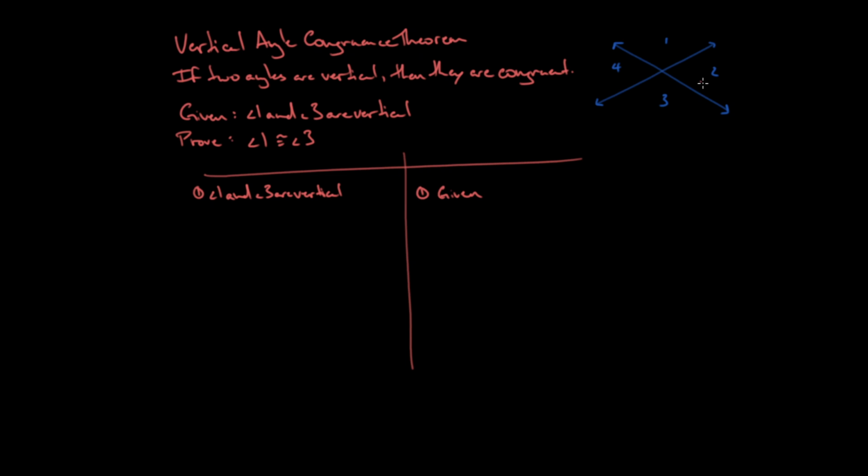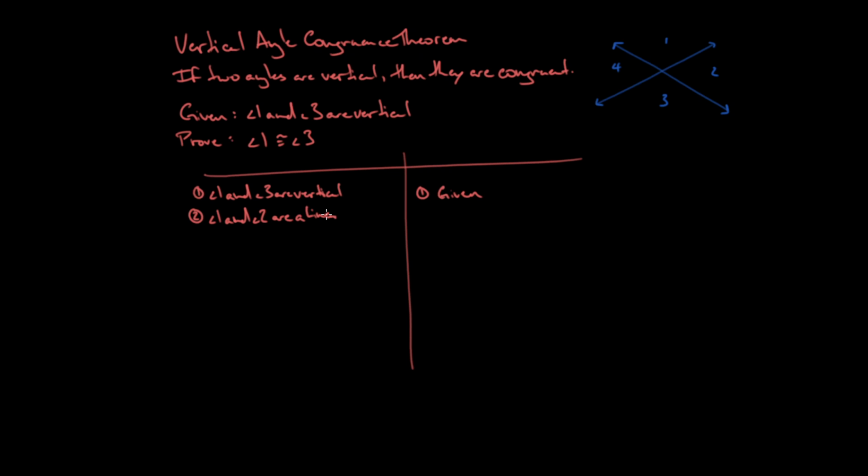So how do I know that angle 1 and angle 2 are supplementary? The answer is because based on the diagram, they're a linear pair. So I need to say that in my proof. I'm going to start off by stating that angle 1 and angle 2 are a linear pair.